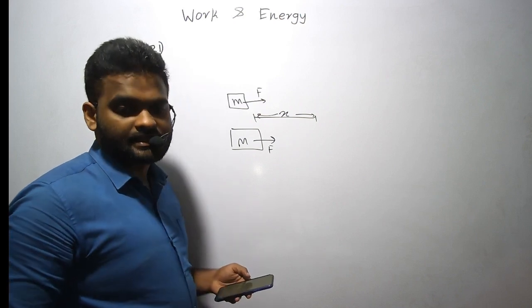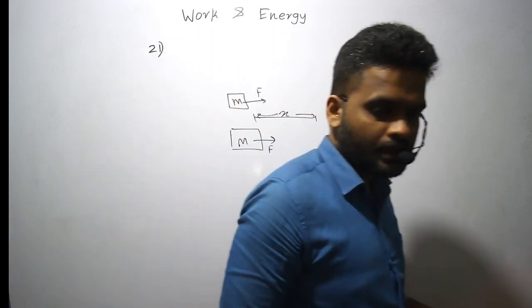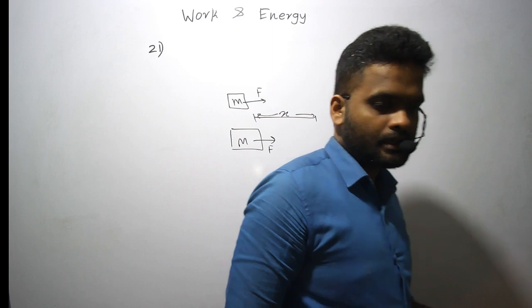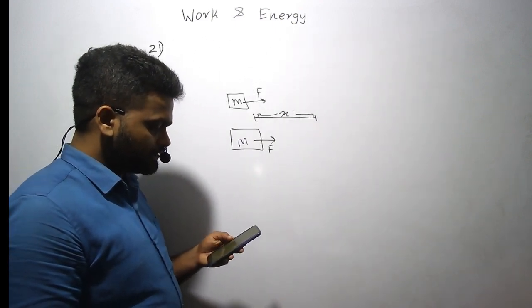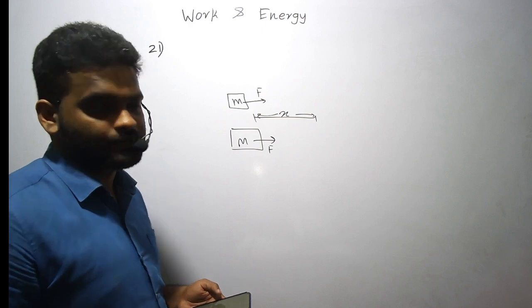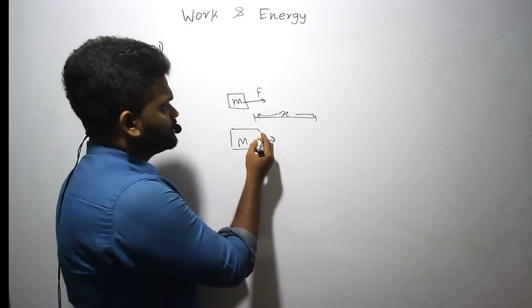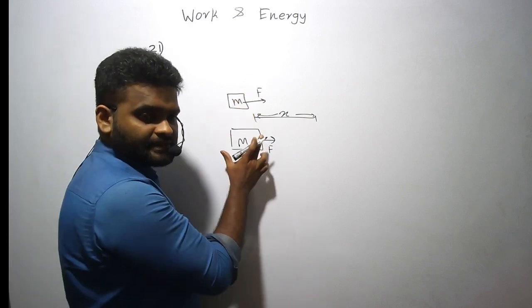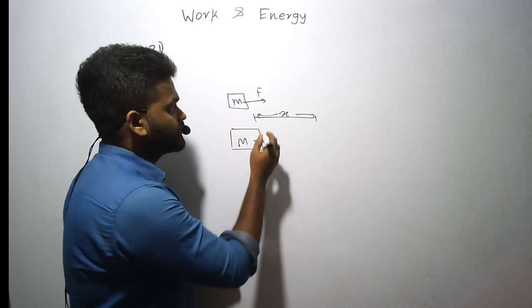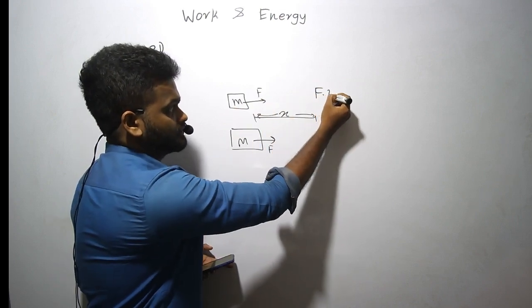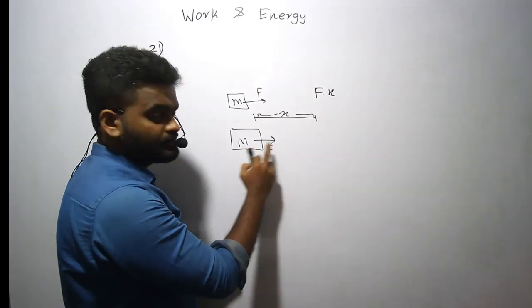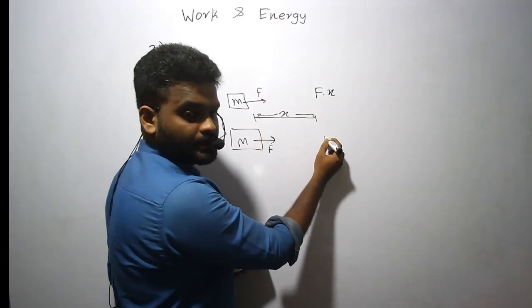They ask about their kinetic energies, the ratio between their kinetic energy. Okay, let's see. So in both cases, what's the work done here? Fx. Here work done is also Fx.